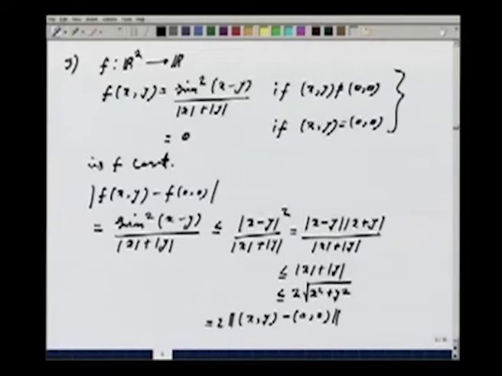So if you start with an epsilon bigger than 0, you want to make this less than epsilon for some choice of delta, then the obvious choice of delta is delta equal to epsilon by 2.